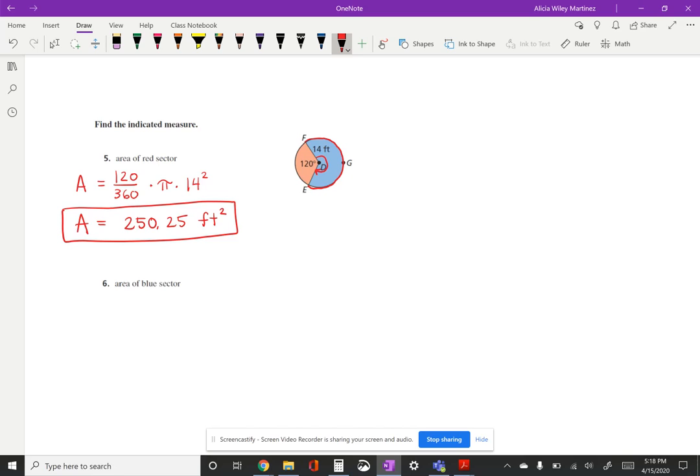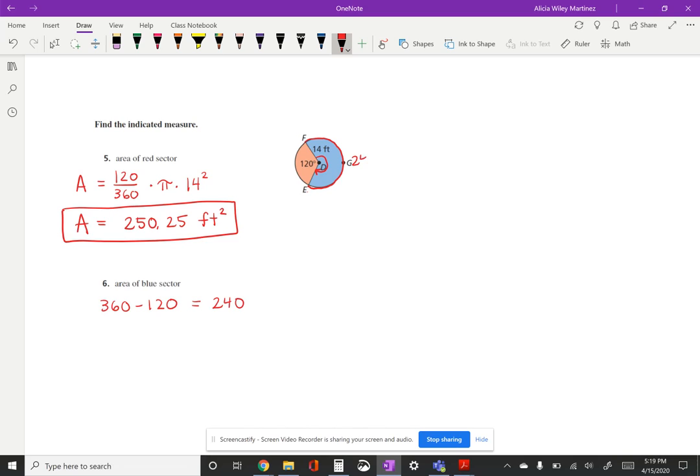Okay, so you should have tried this out. First thing I would do is find the measure of the central angle, so I knew the measure of the major arc FGE, because that is the intercepted arc of that blue sector. To find that, you would have had to do 360 minus 120, which gives you 240 degrees.